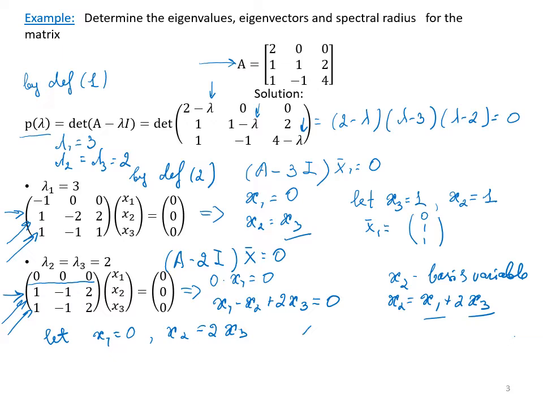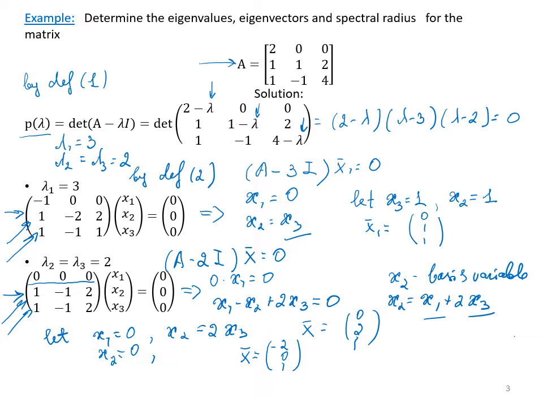And our vector will be 0, 2, 1. Also, we can choose differently. We can choose, for example, x2 equals 0. And our vector in this case will be minus 2, 0, 1.